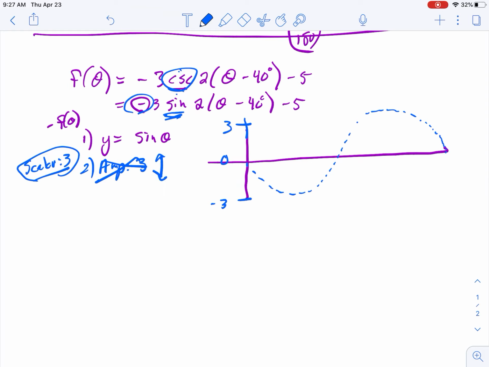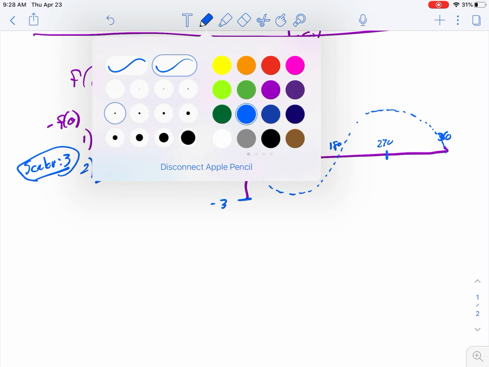It's referred to as a scalar. An amp is bounded between two values. And since we're going to flip it, it's not going to be bounded anymore. Now my values here: 0, 90, 180, 270, and 360.